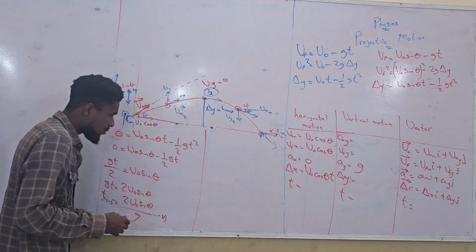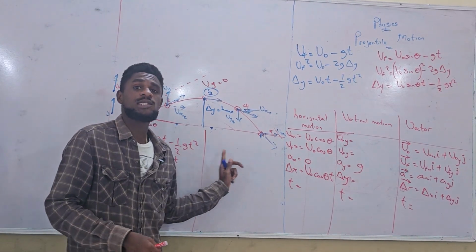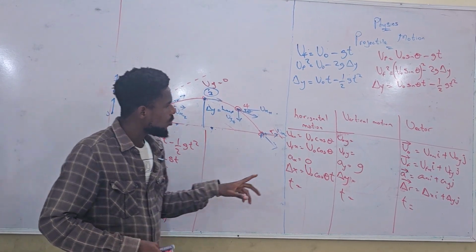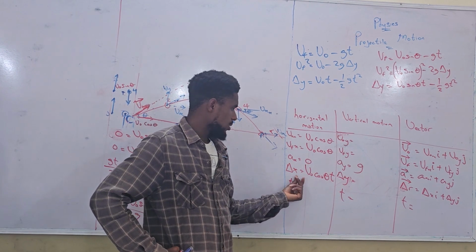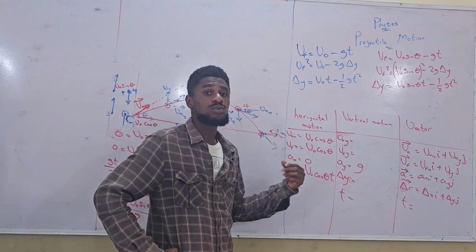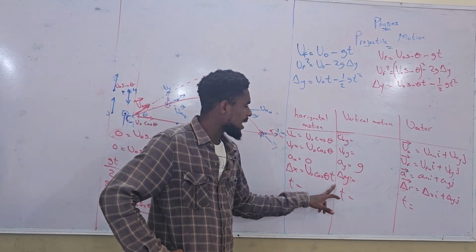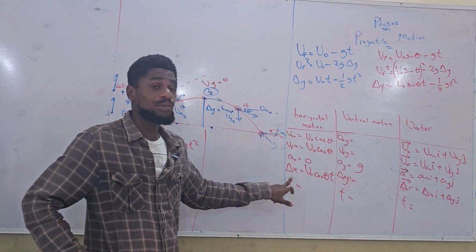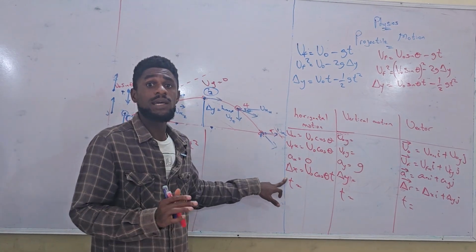Now, since we're trying to look for the maximum range, we'll come here. How do I find delta x here? Delta x is simply equal to V naught cos theta t. But if I'm talking about the time of flight, then this delta x will now be the range.